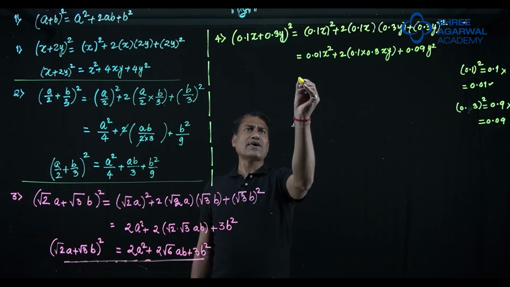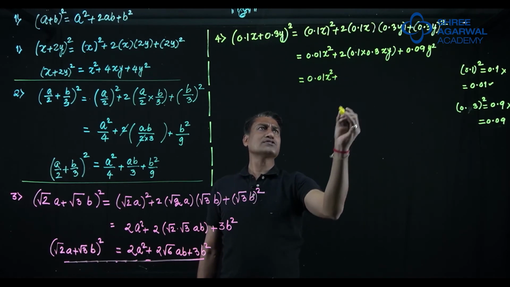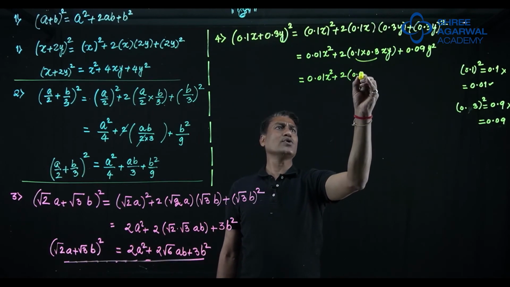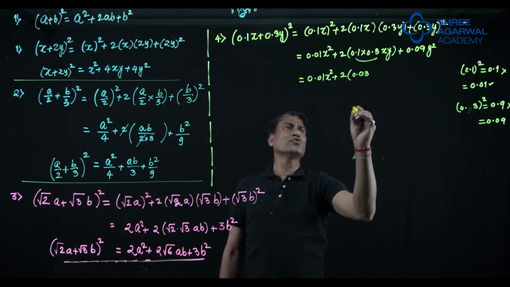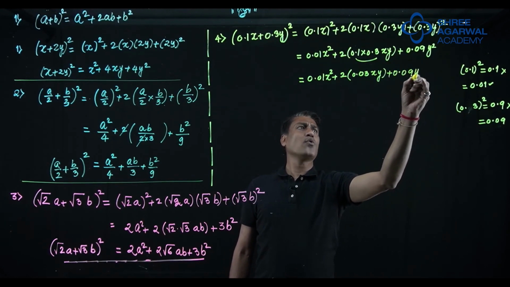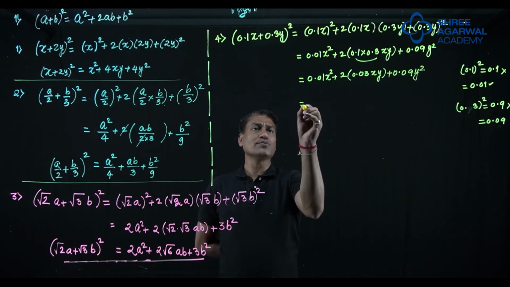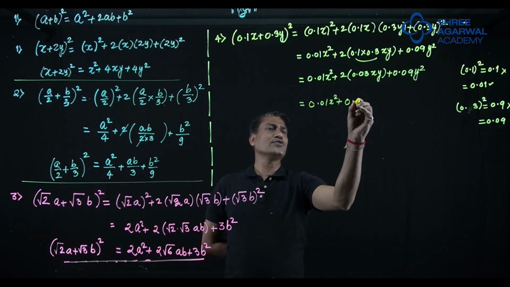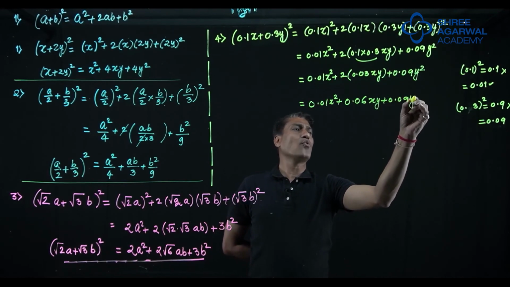Okay sir, now the final simplification step. 0.01x² plus 2 into, if you multiply this, you will get 0.03, since 3 ones are 3, but 0.3 and 0.1 will make 2 decimals, so 0.03xy, plus 0.09y².